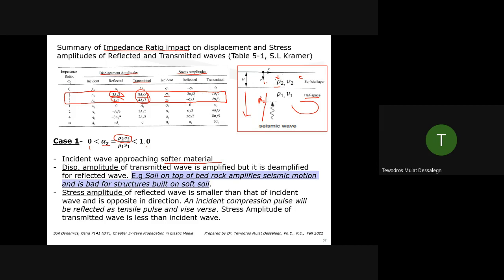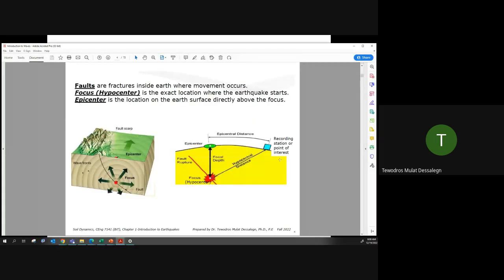I'll give you a good example of what we saw in chapter 1: the 1985 Mexico City earthquake, where resonance occurred. When the wave passes from rock to the soft soil, it gets amplified a lot. Give me a second, I can show you that portion.